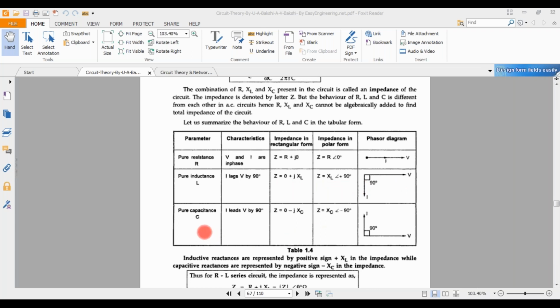And for the case of capacitance, current I is leading the voltage V by 90 degrees, so its impedance is minus jXC in rectangular form, with its polar form. This is the vector diagram for that one. Okay, fine.